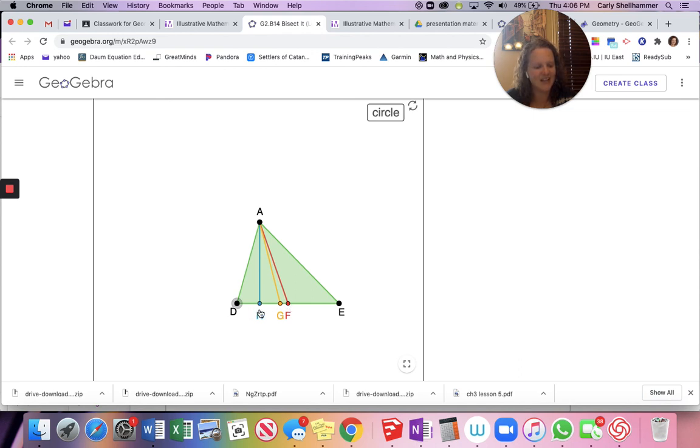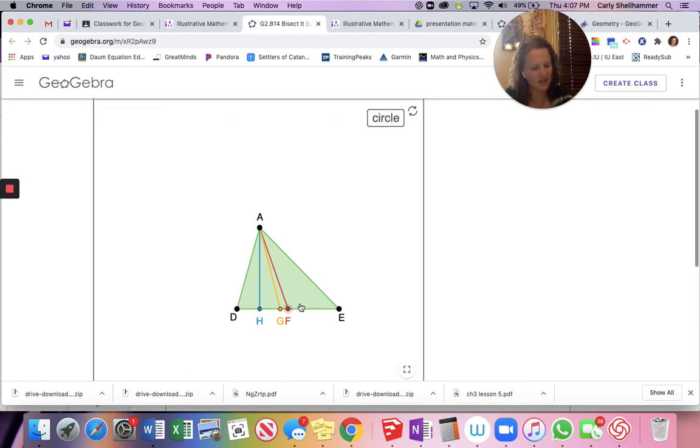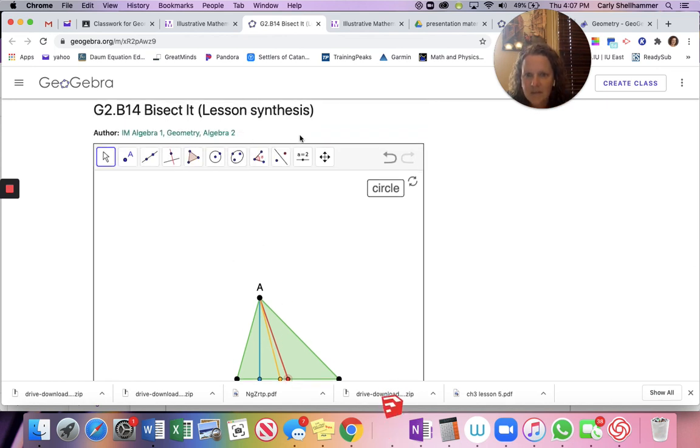So which line is the angle bisector of DAE? I think it's F. Which line goes from A to the midpoint of DE? I think it's F. It could be G. I think it's F, though. I can't really tell. I don't know if I can measure them. Nope.